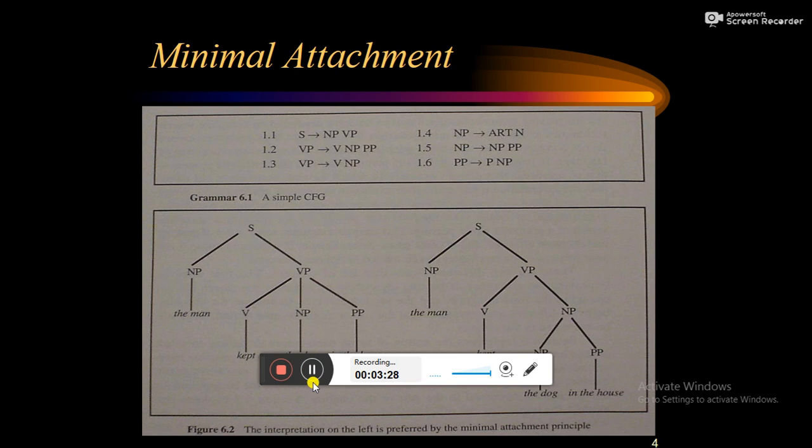The minimal attachment principle says that if you are considering this as a set of grammar, and if the sentence to be parsed is 'the man kept the dog in the house', then considering these as a set of CFGs, if you get these two as parse representations of the input, the correct parse representation which would be selected will be decided on the principle of minimal attachment.